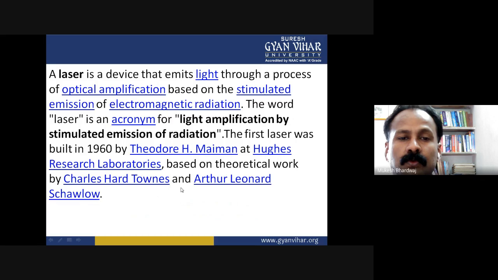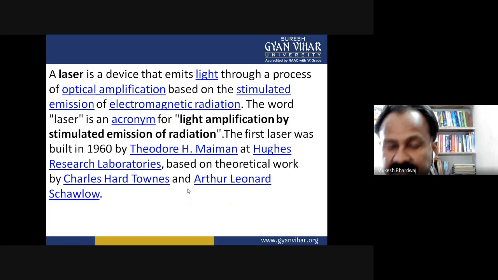So, the full form of laser is light amplification by stimulated emission of radiation. So this is basically the working principle of laser also.